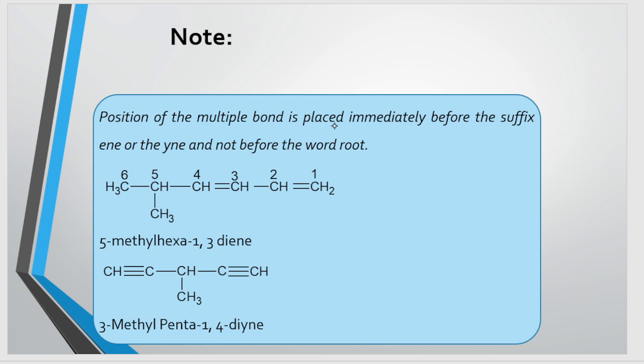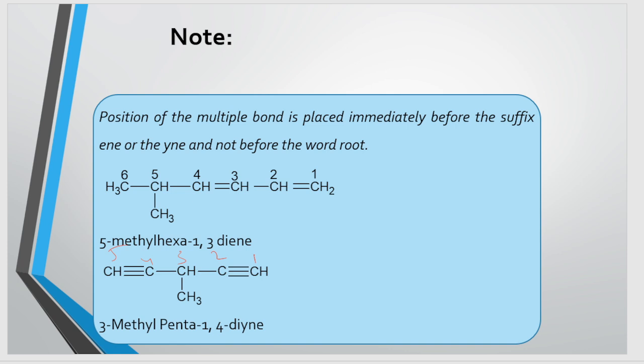Position of the multiple bond is placed immediately before the suffix ene or yne and not before the root word. So that's what, not before the root word. Immediately after the root word itself, we have to write 1 comma 3 here. Suppose if we consider this one, and here if we consider these, there are at 1, 2, 3, 4, 5, 1 comma 4 diene.